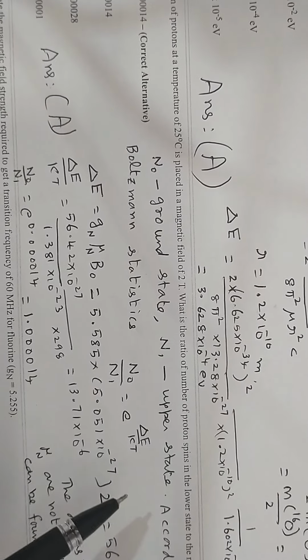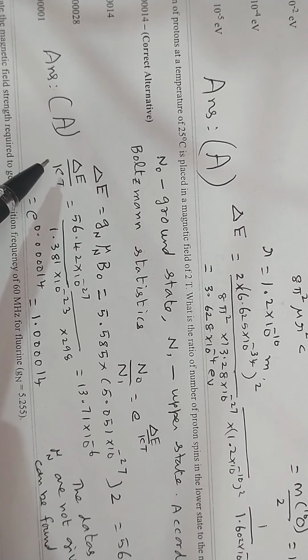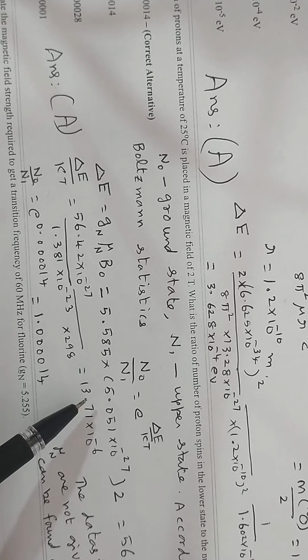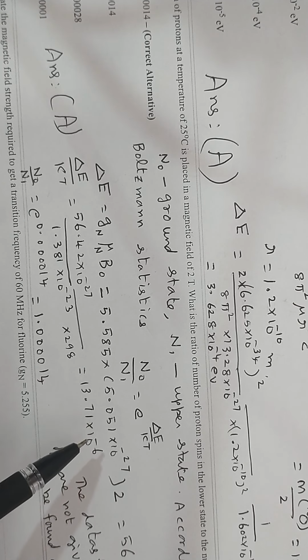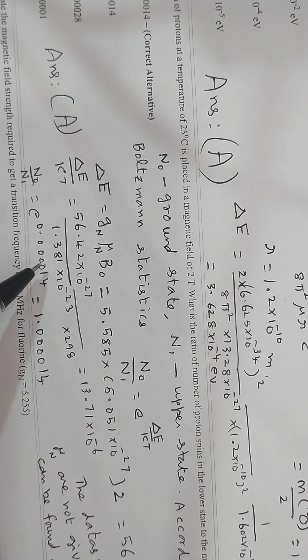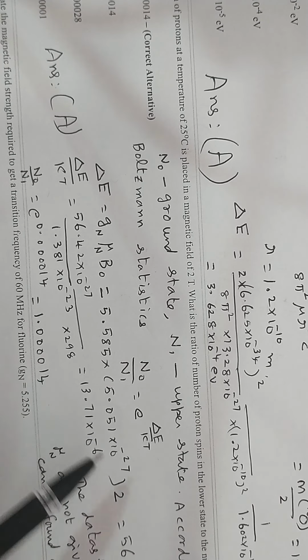The Boltzmann constant k is available and T is given, so you find delta E by kT, which is 13.71 × 10^-6. Once you substitute, N0 by N1 is equal to e power 0.00014. If you find the value using a calculator, you will get 1.000014. So these values, mu_n and g_n, must be available, also a calculator.